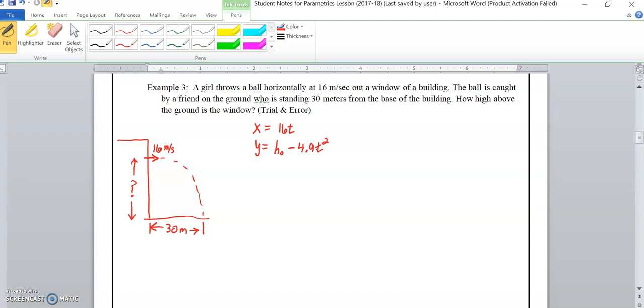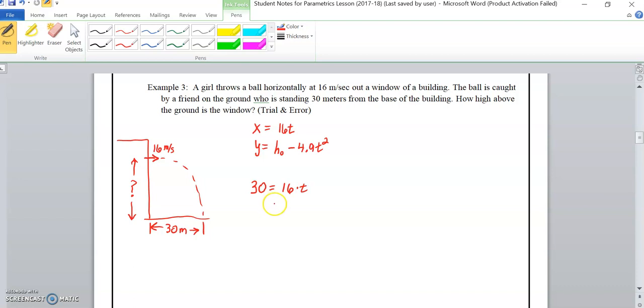Can we not say that at 30, it traveled 30 meters, our ending horizontal distance x is actually 16. Oh, I'm sorry, not 16, geez. Is 30. We know that the ball eventually traveled a horizontal distance of 30. And that was because at a velocity of 16 meters per second, some amount of time passed and we ended at 30 meters.